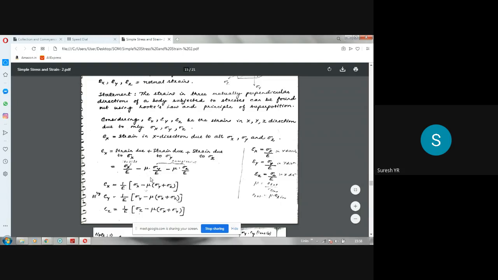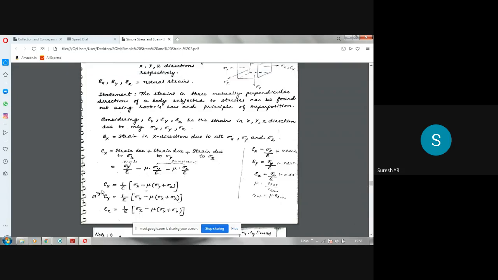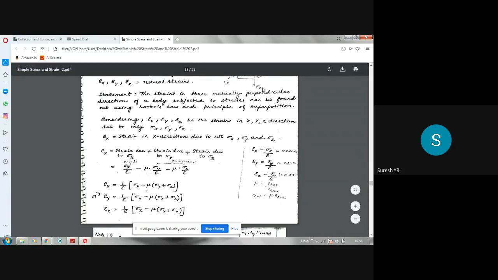That means if you know how to write the total strain expression in the case of three-dimensional stress system, this is called a three-dimensional stress system because stresses are there in all the three directions, x, y, z. So sigma x, sigma y, sigma z are the stresses in the three mutually perpendicular directions. We are finding strains in all the three directions due to all the three stresses.